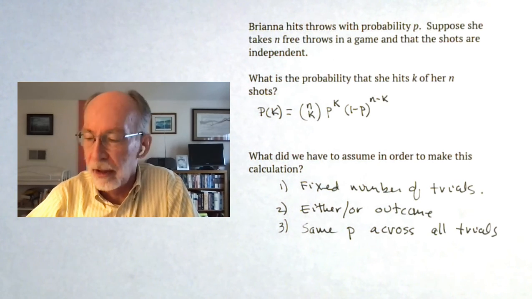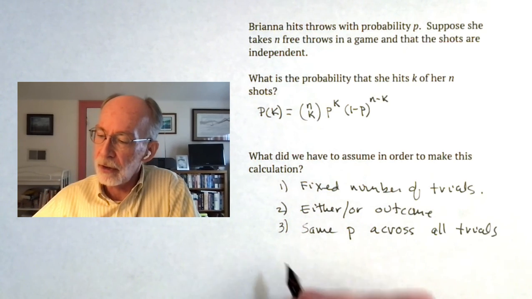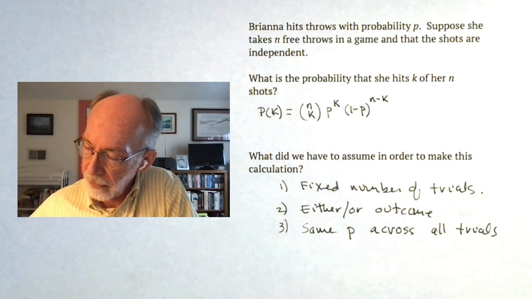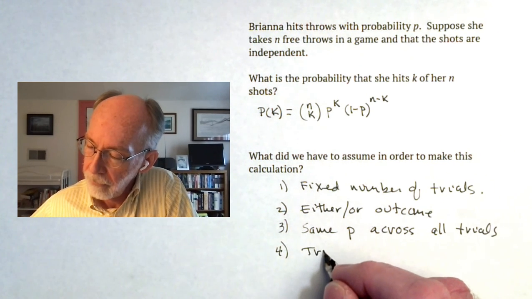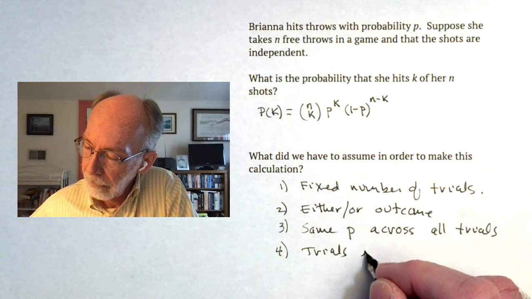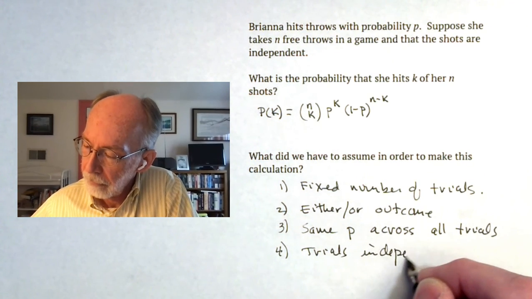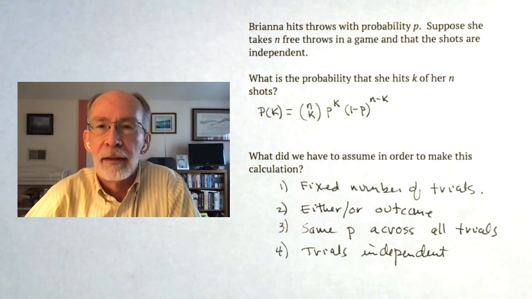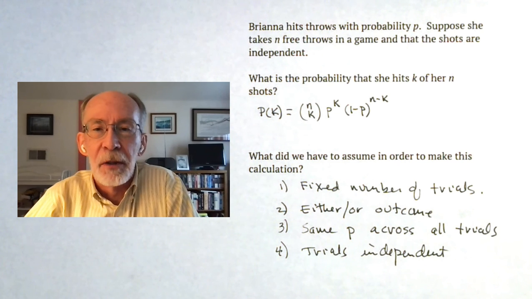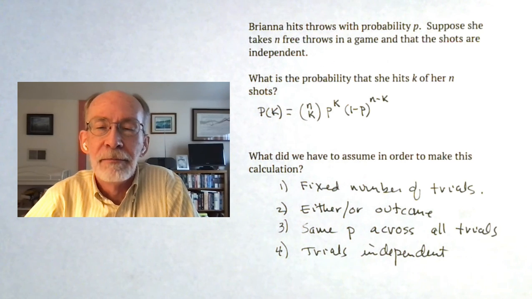It's going to be the same probability all the time. And finally, in order to allow us to multiply these probabilities, it had to be the case that the trials are independent. So there's nothing about making or missing the third shot that's going to have any effect on whether she makes or misses the fourth shot or any other subsequent shot.